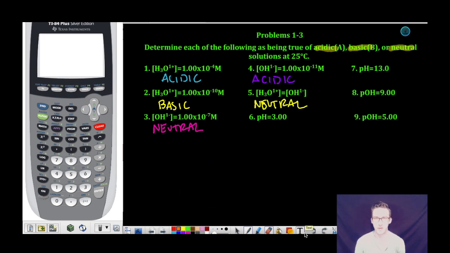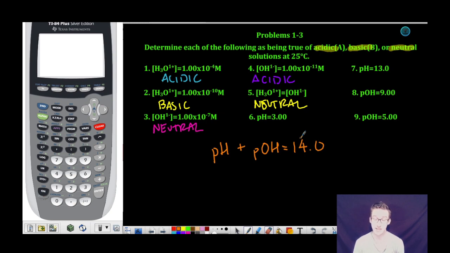solution. Okay, and for questions 6 through 9, we're asked to think about the relationship between pH and pOH and what that means in terms of acidic, basic, or neutral solutions. And again, the relationship that exists between pH and pOH is the following. In other words, the sum of the pH and pOH must equal 14.